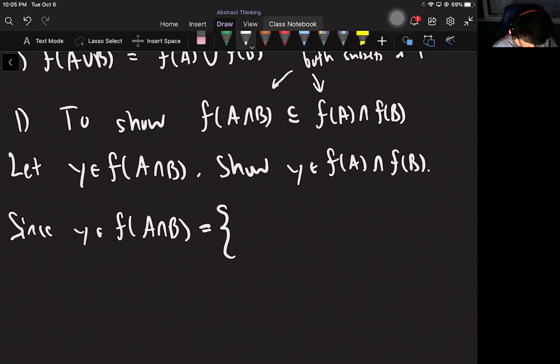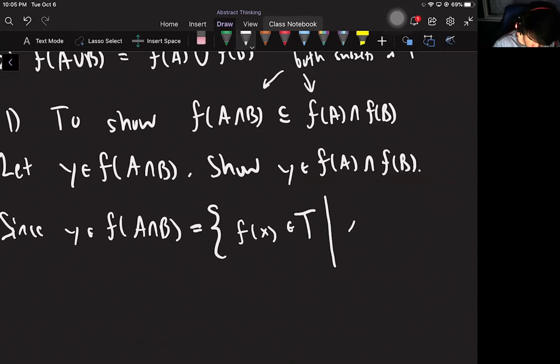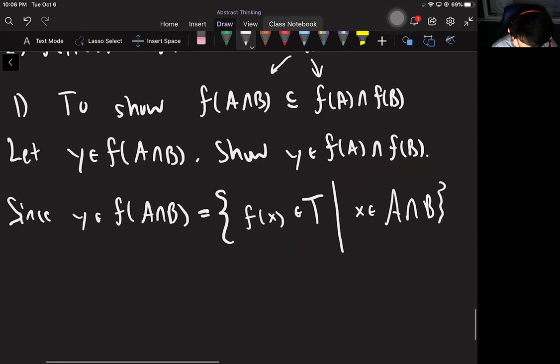So I know the definition of f of something is the stuff in T I get by plugging in x from my domain, but not everything in my domain, just the things that are in the set that I'm sending over. What's the set I'm sending over? It's whatever's inside the f of thing, so that's A intersect B. So that's what this set that I'm dealing with really is.